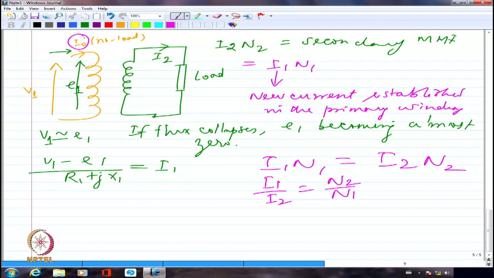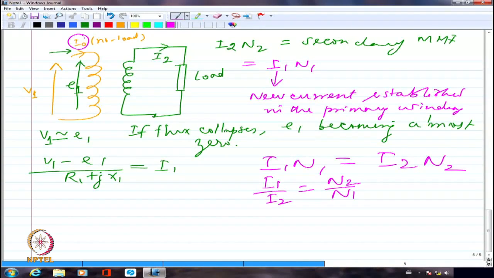See, we have I2 N2 as the secondary ampere turns which were trying to kill the primary or originally established flux. Now, the primary is bouncing back. It is not allowing the flux to be killed. So, it is again trying to circulate a current corresponding to I1.